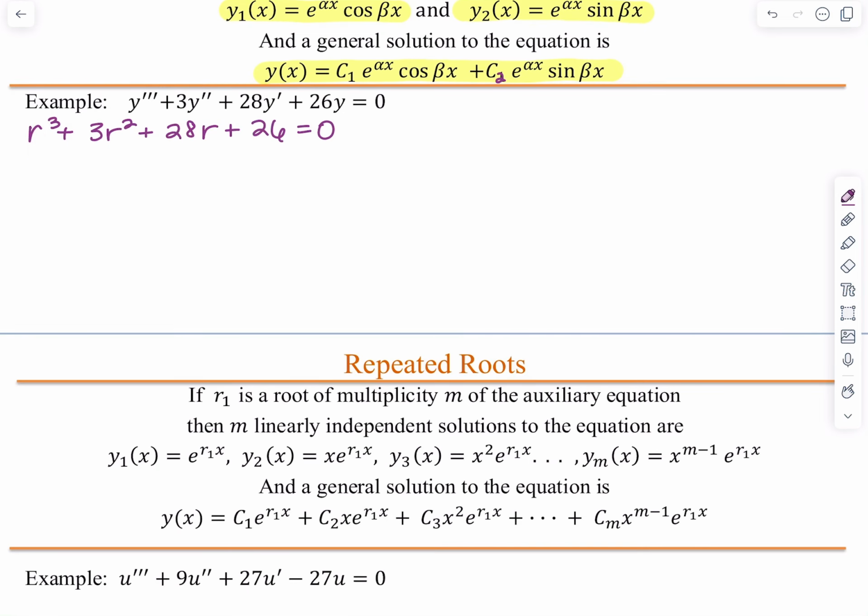We will do a little bit of algebra so that we can have a common factor of r plus 1. So here we're going to have r cubed plus, and we're going to break this 3r squared up into r squared plus 2r squared, and then break this 28r up into 2r plus 26r, and then we still have our 26 is equal to 0.